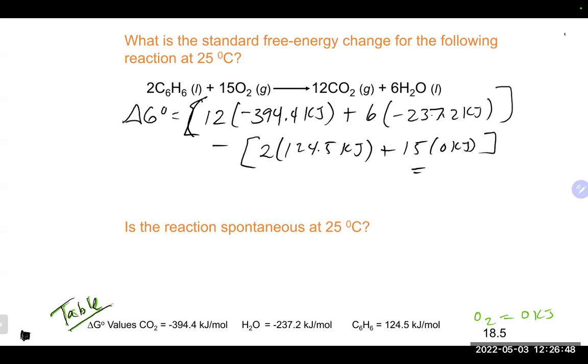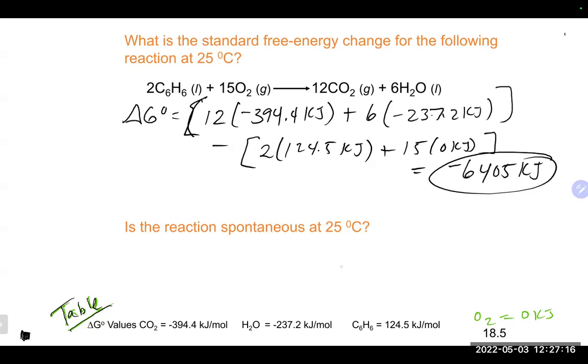And doing all that, it looks like a minus 6405 kilojoules here.